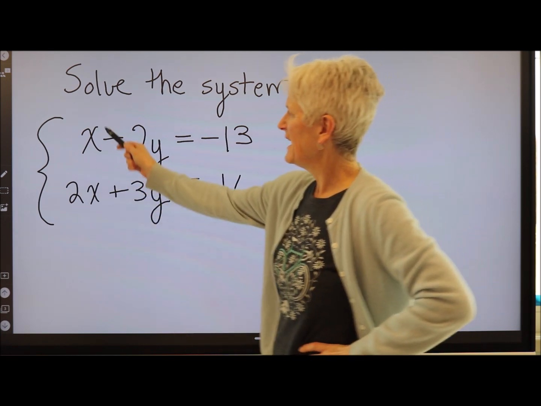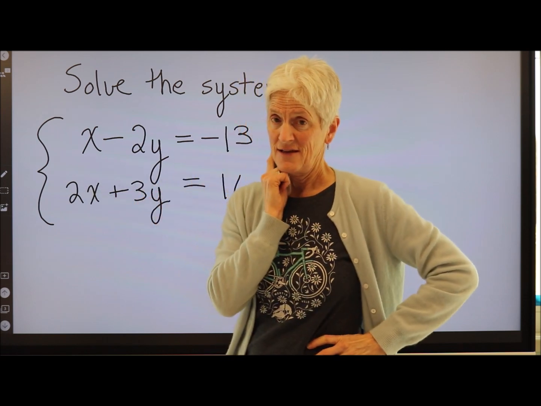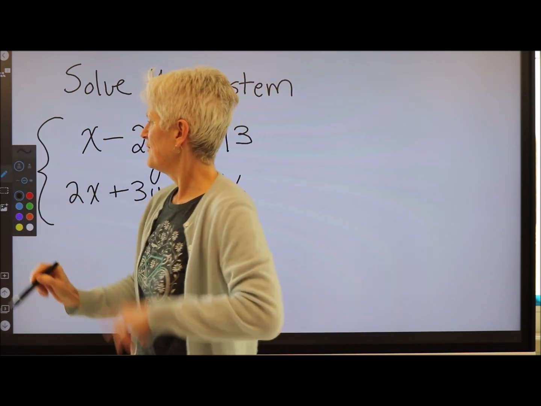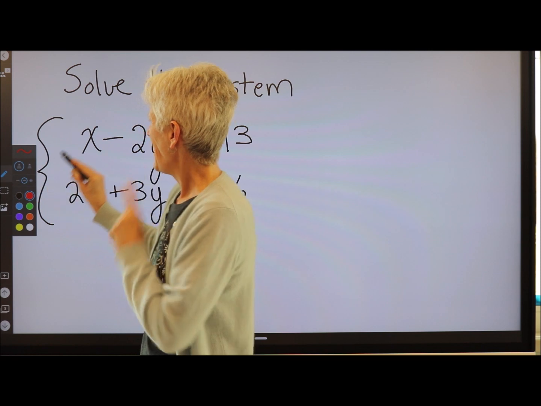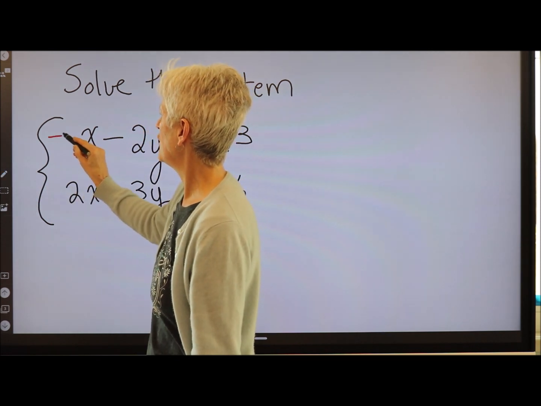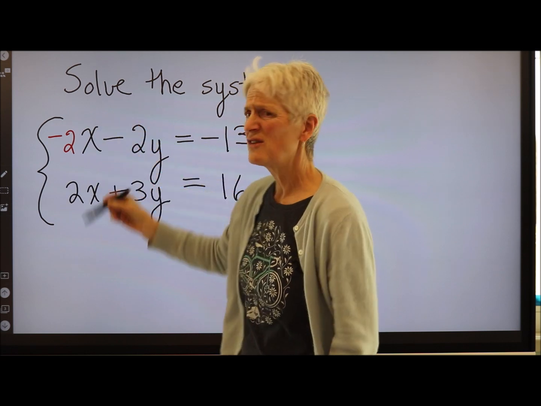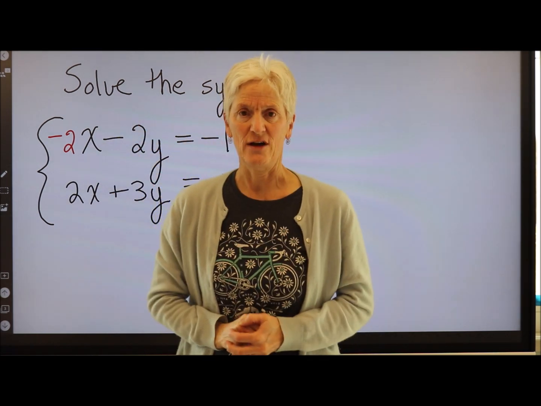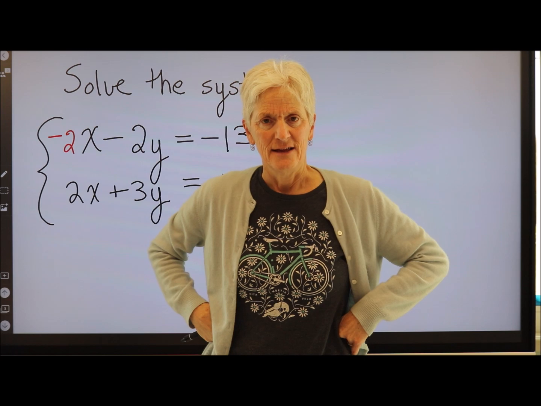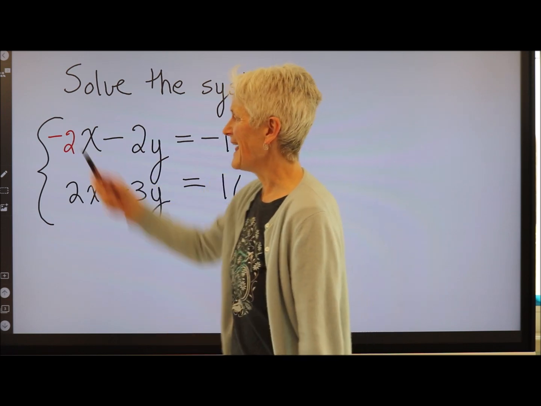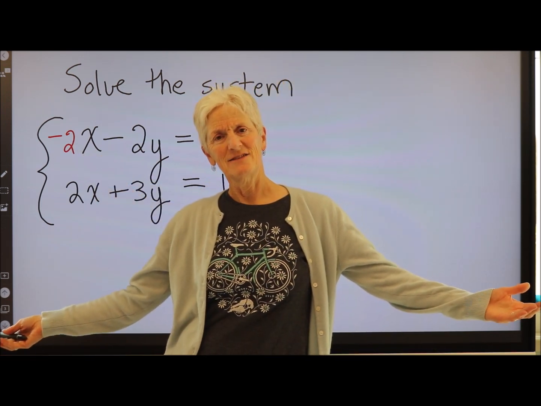So I'm honing in on the x's. I'm thinking to myself, if this were a negative 2x, negative 2x and 2x, those would eliminate each other. Wouldn't that be handy? But can I just slap a negative 2 in front of that x?